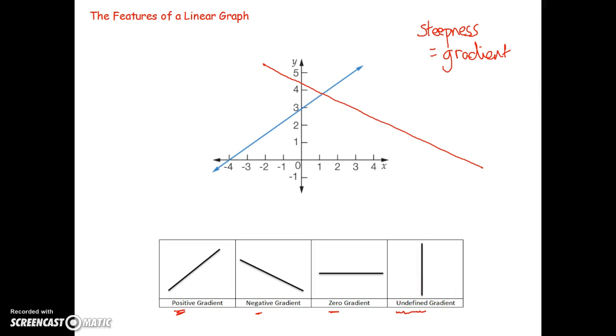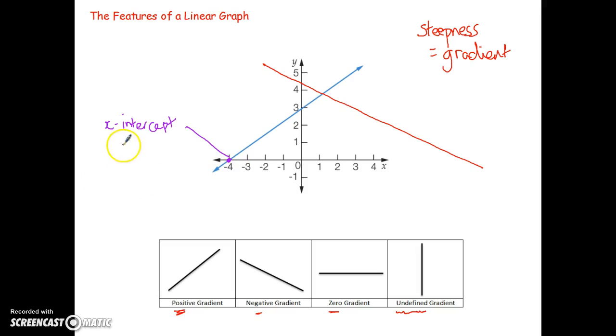The other features that we need to be aware of on our linear graph is where it cuts the axis. So where does it cut the x-axis? And we call that the x-intercept. Where does our line cut the x-axis?